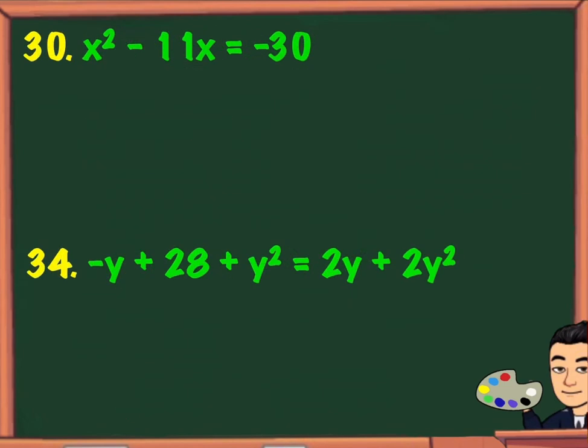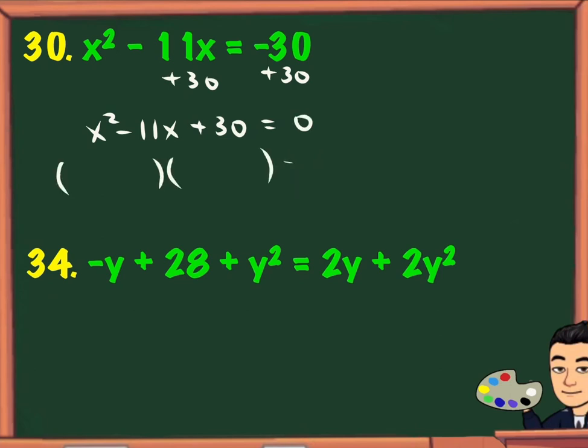Alright, so for number 30, we're going to have to solve by factoring. So let's add 30 on both sides. So I get x squared minus 11x plus 30 equals 0. So let's factor it. Set this up, so you've got x and x over here, and you want to analyze what gives you the factors.